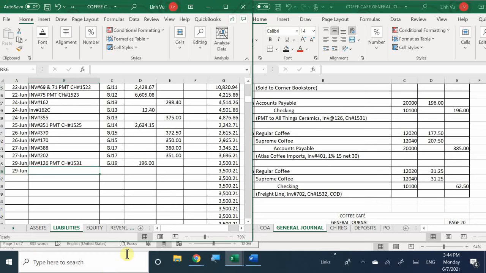Our General Journal 19. And we owe him $385, which brings our running balance to $3,885.21. Correct, yes. Good.